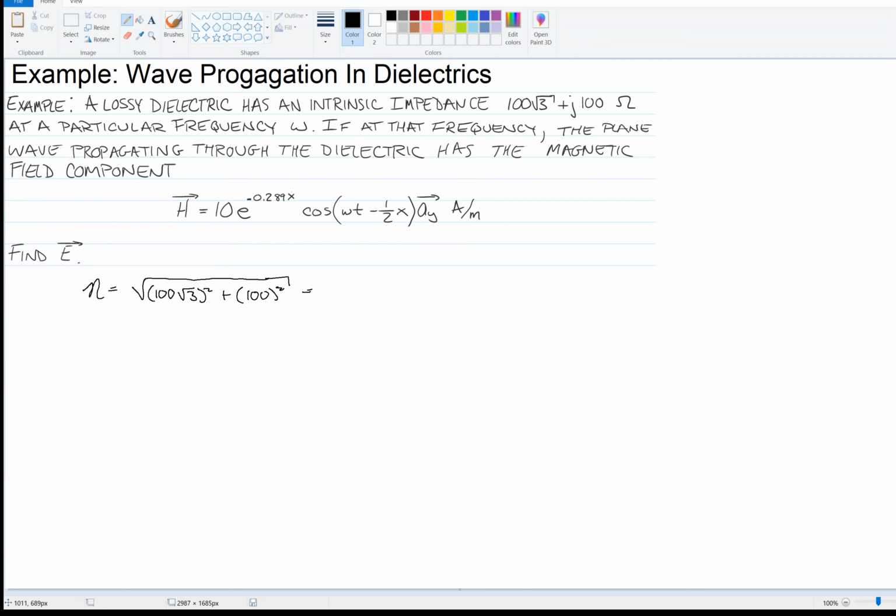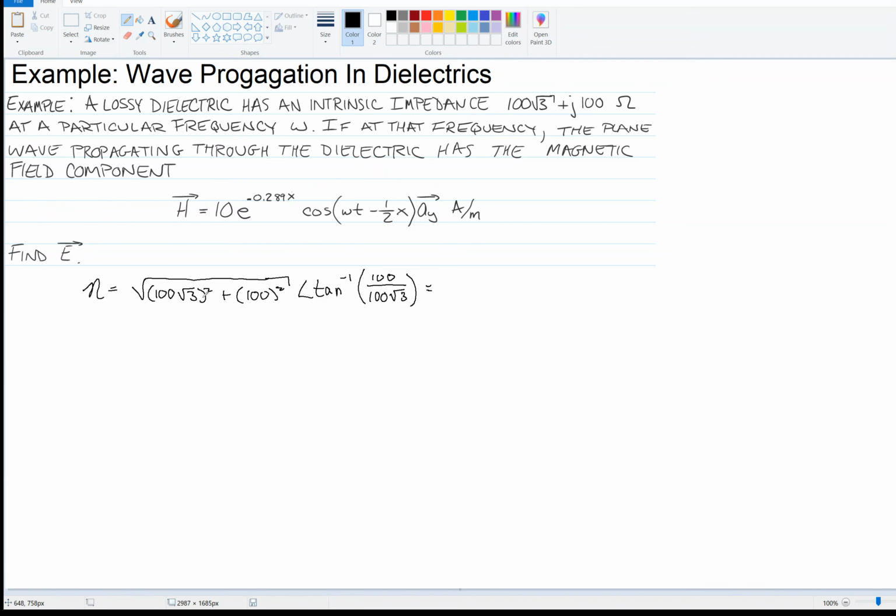It also has an angle, the inverse tangent of the imaginary part over the real part, so that's 100 over 100 square root of 3.